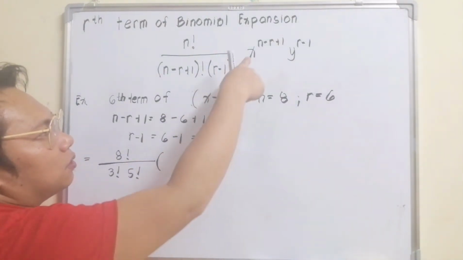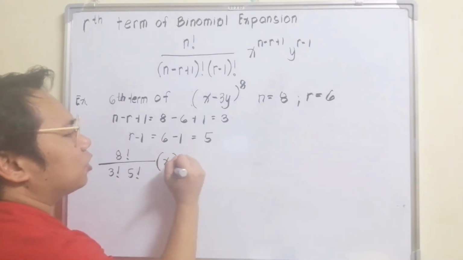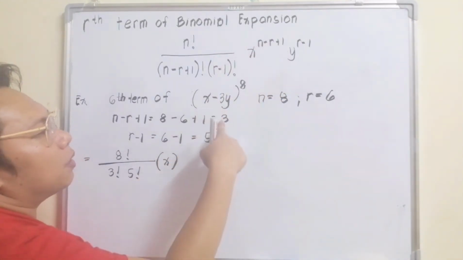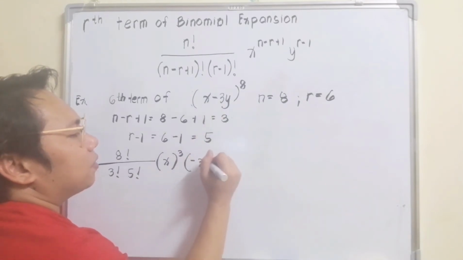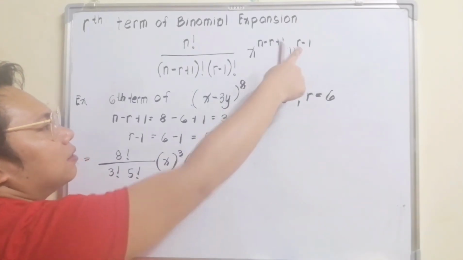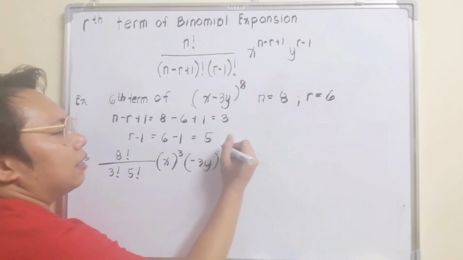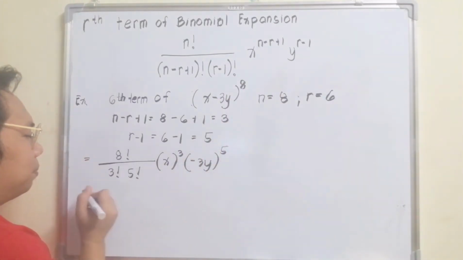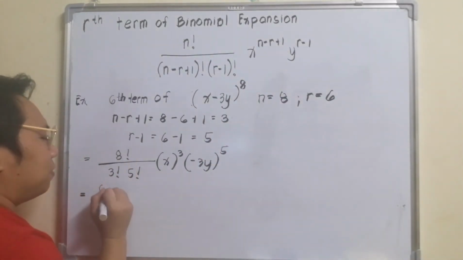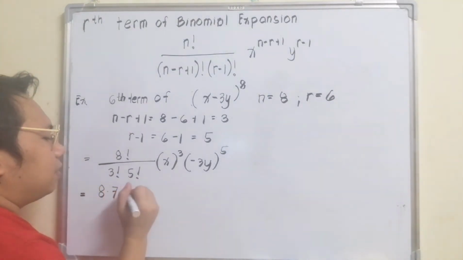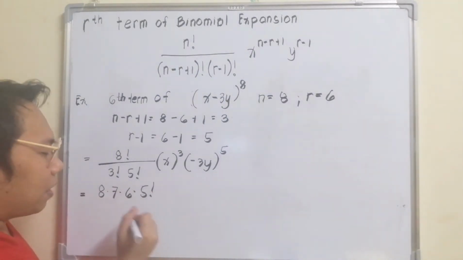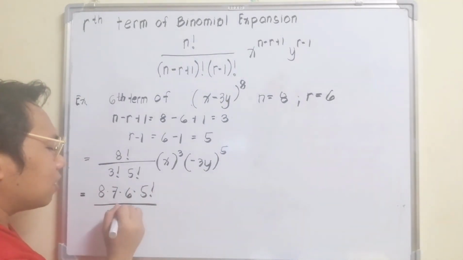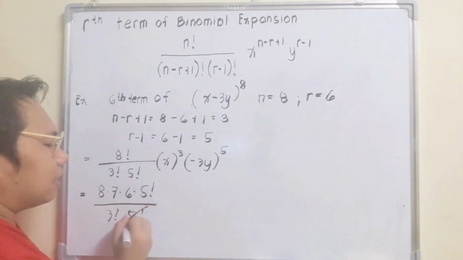Your x, which is the first term, is x. Our exponent is n minus r plus 1, which is 3. And our second term is negative 3y. Its exponent is r minus 1, that is 5. Simplifying this one, you have 8 times 7 times 6 times 5 factorial. We can go only up to 5 factorial because we can cancel this one.